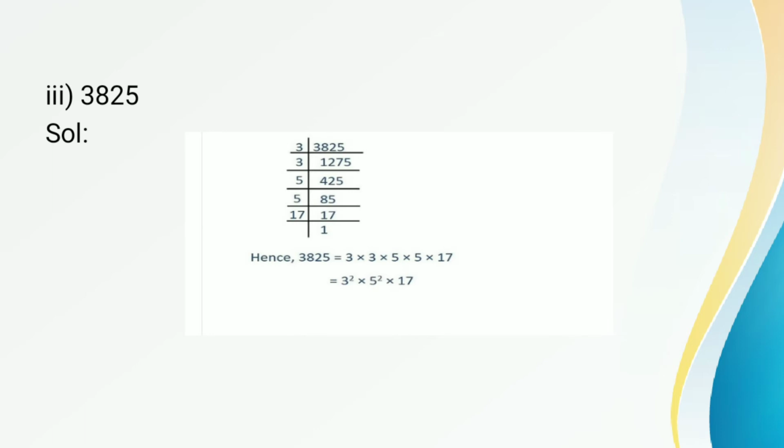So the factors of 3825 are 3 into 3 into 5 into 5 into 17. We can write it as 3 square into 5 square into 17.